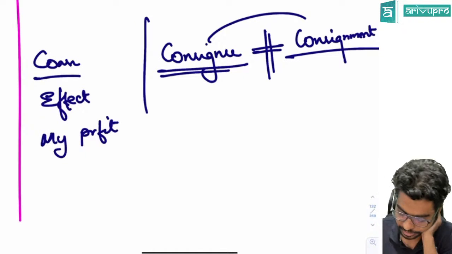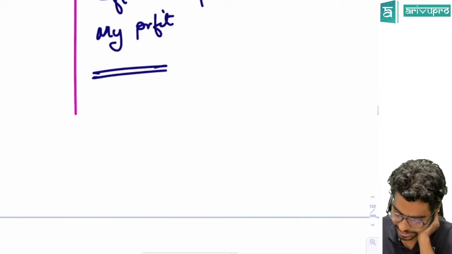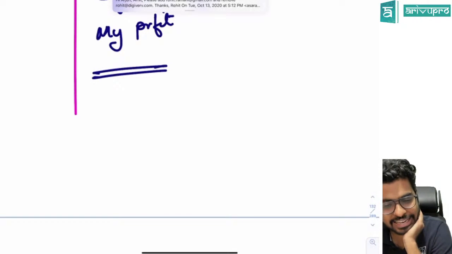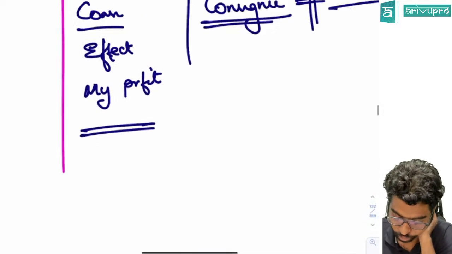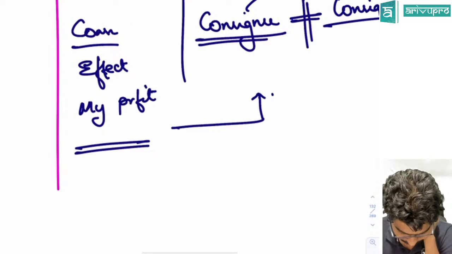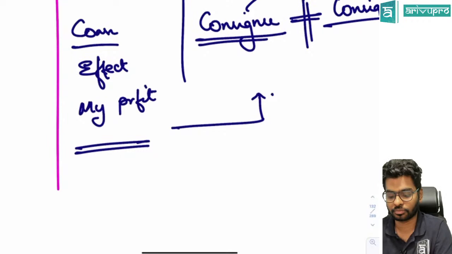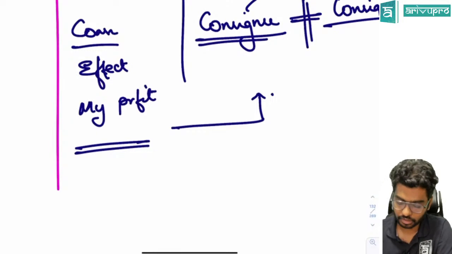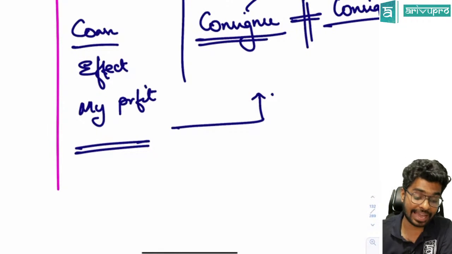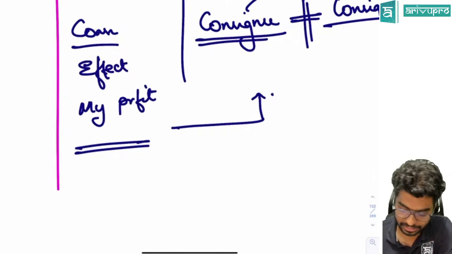So for me, it is my expense. But did I pay cash? The answer is no. I have to pay cash to the consignee because the consignee paid cash.